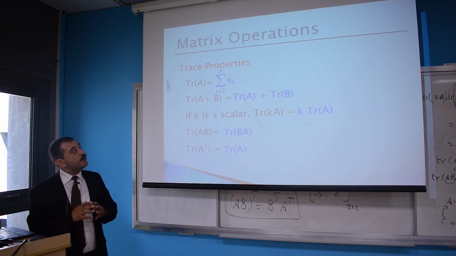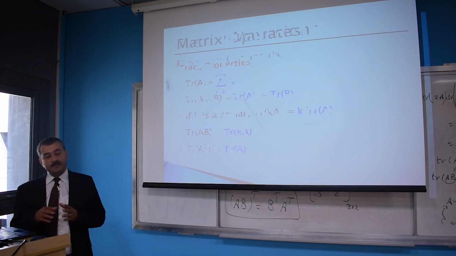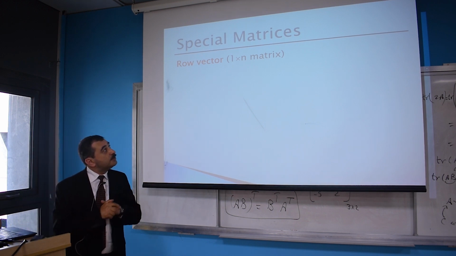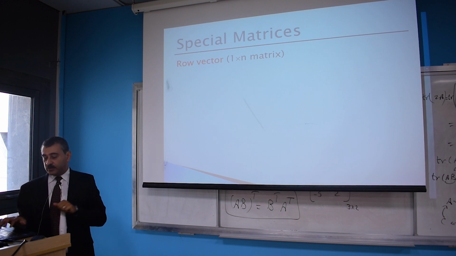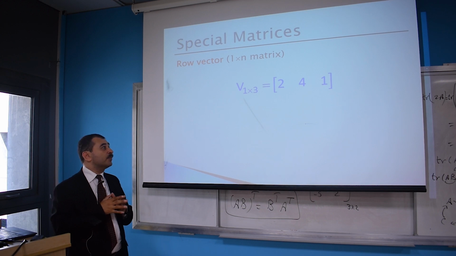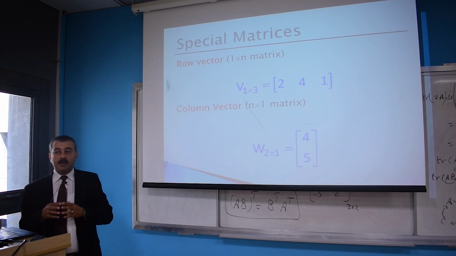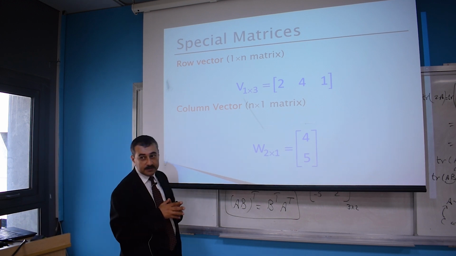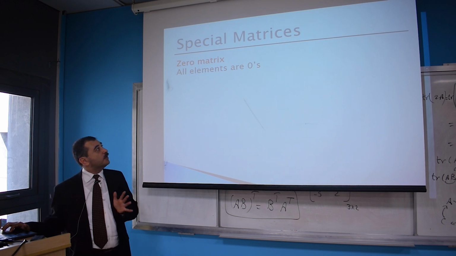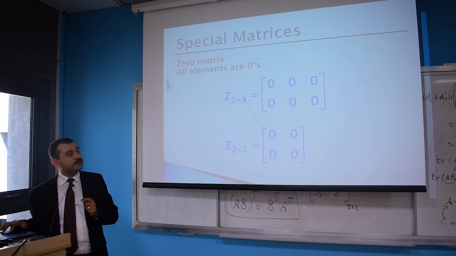Okay, finally, let's have a look at some special matrices that have special shapes, like these guys. We call a matrix a row vector when it is 1 by n in general. So this is called a row vector, 1 by 3. And this is a column vector, 2 by 1. And we have a matrix with all elements zeros. We call it a zero matrix, of course, of any dimension.